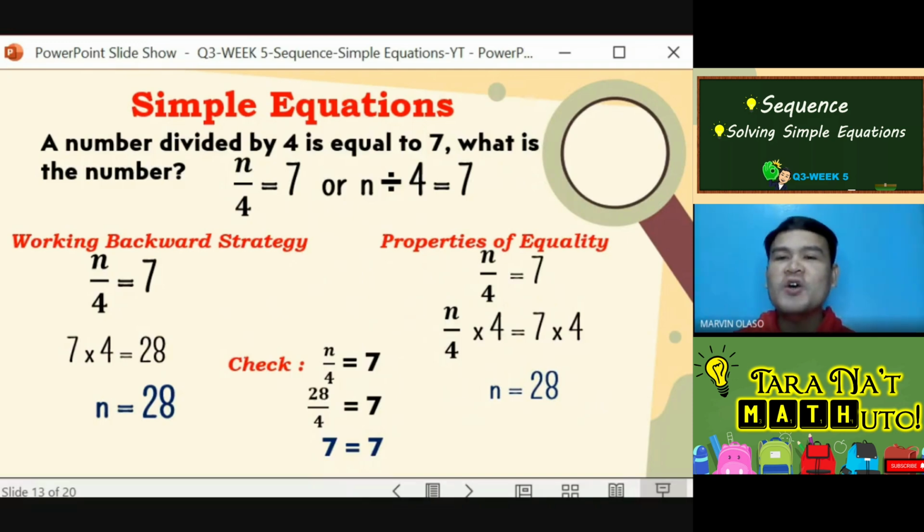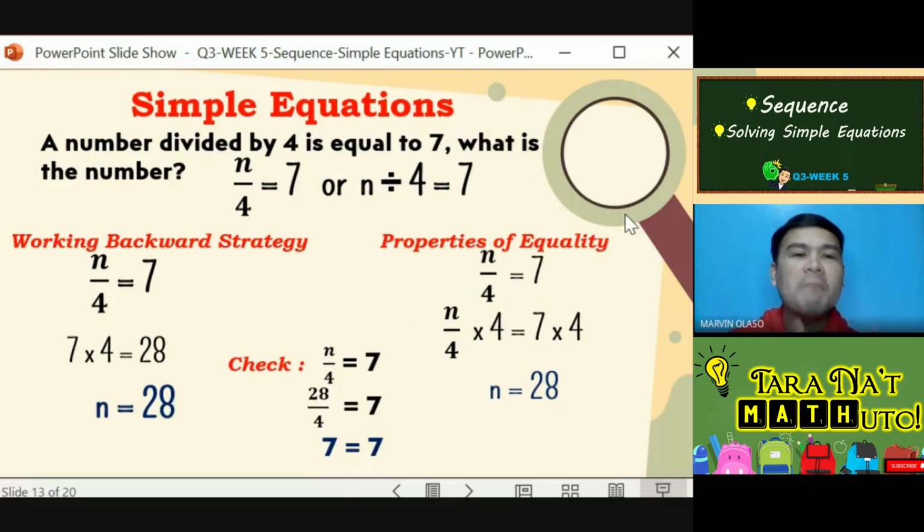Okay? So, sabi ko nga sa inyo, it's up to you which strategy you are going to use, the working backward strategy or the properties of equality. And if you know other strategy on how to solve the unknown in a simple equation, then you can use that as long as you arrive with the same answer as the other strategies applied.